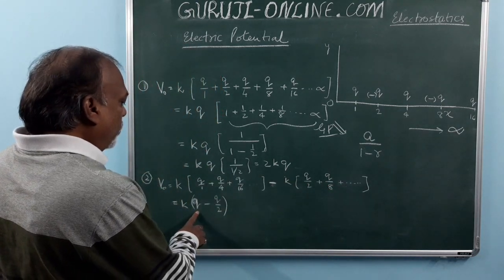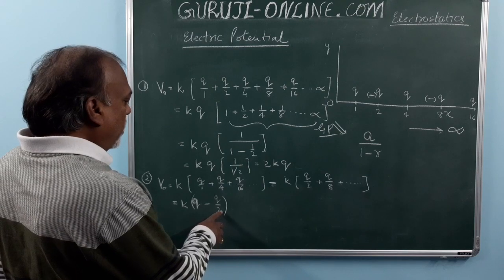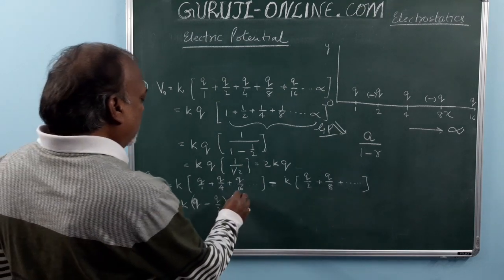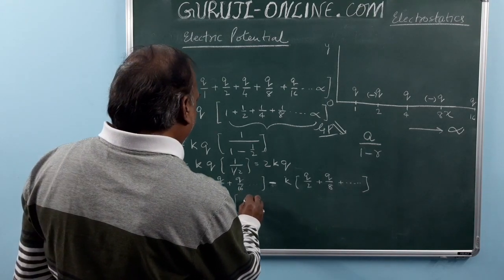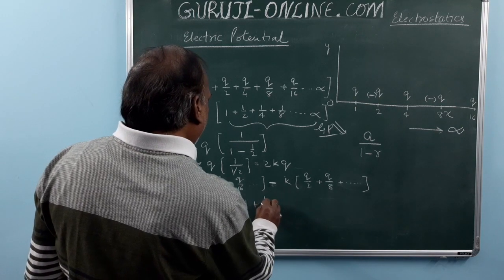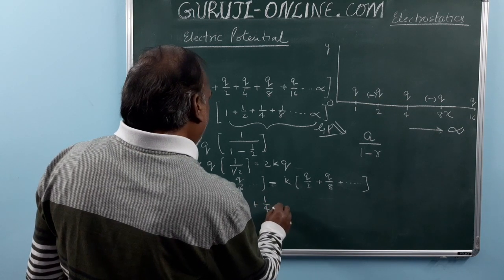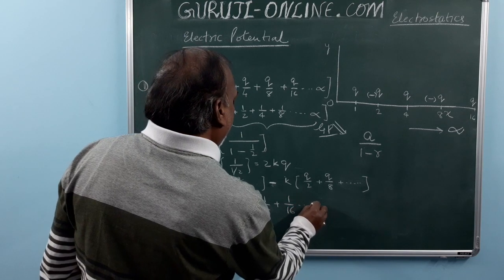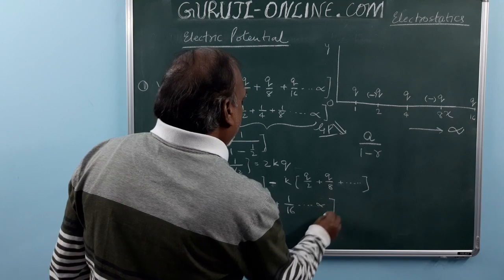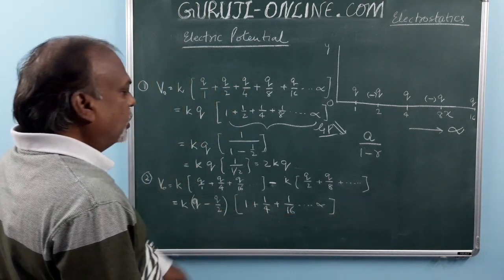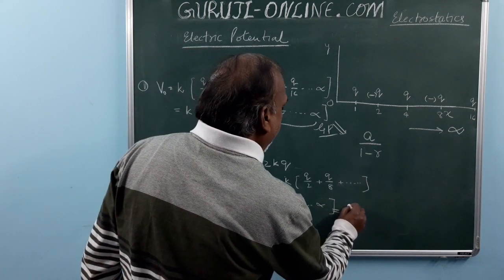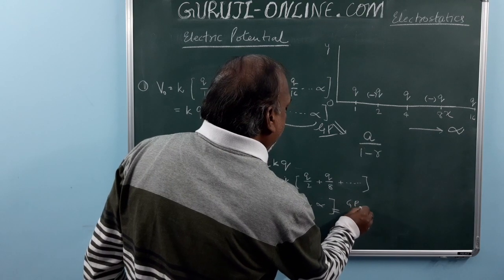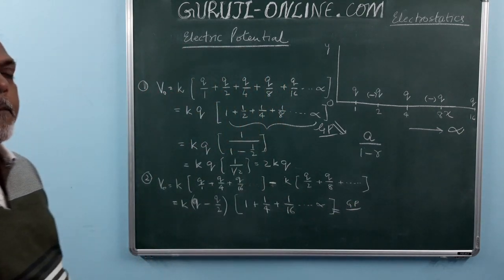So K, Q minus Q upon 2 we take outside, then this will become 1 plus 1 by 4 plus 1 by 16. This is another GP. Correct?